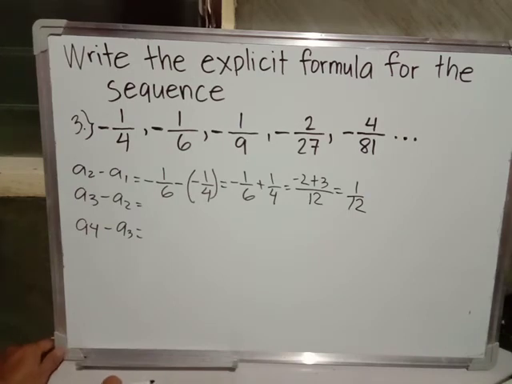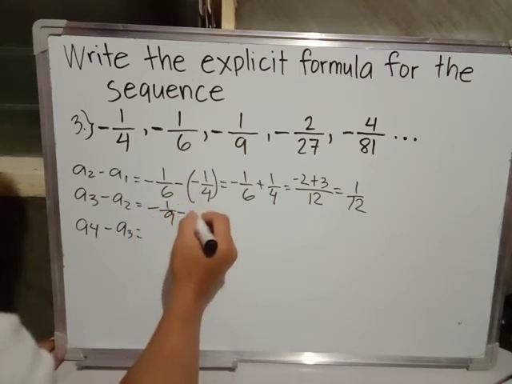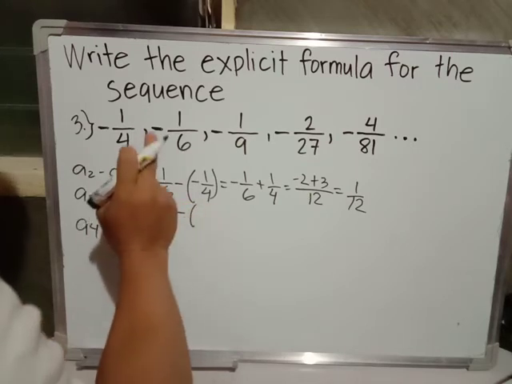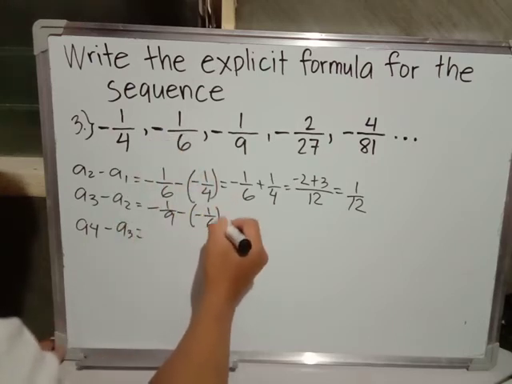Okay, E3 minus E2: E3 is negative 1/9 minus E2, which is negative 1/6.